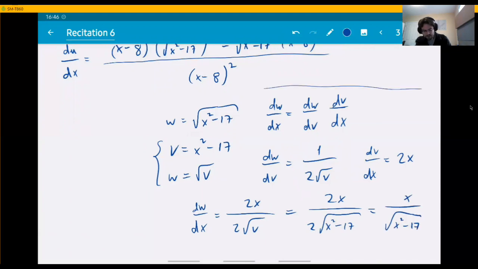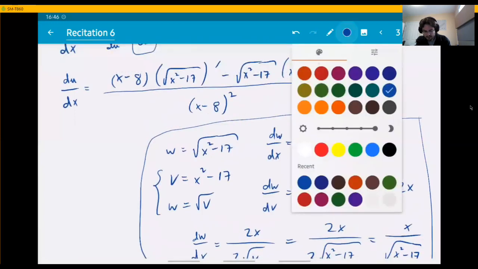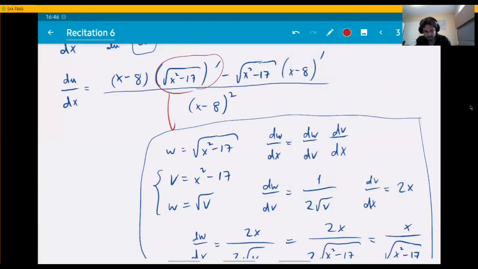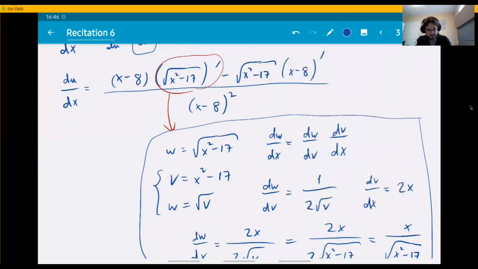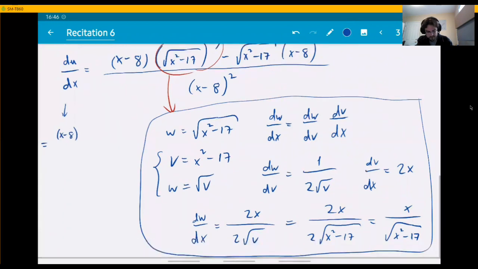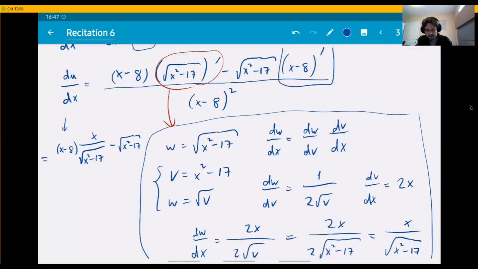All right, let me circle all this. All of this was the derivative of the square root that's here. So now we can continue finding du/dx. So we're going to have x minus 8 multiplying this whole derivative that we just found, minus this square root of x squared minus 17 times, what is the derivative of x minus 8?